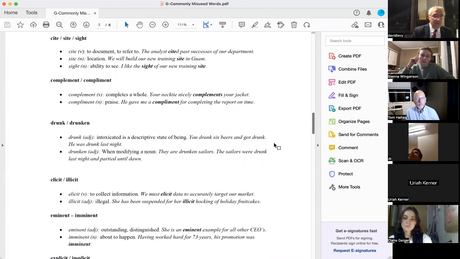Okay, state of being. The difference down here, drunken: they are drunken sailors. So here you've got the plural noun sailors. And so that's when you use drunken. The sailors were drunk last night. The sailors are drunken.